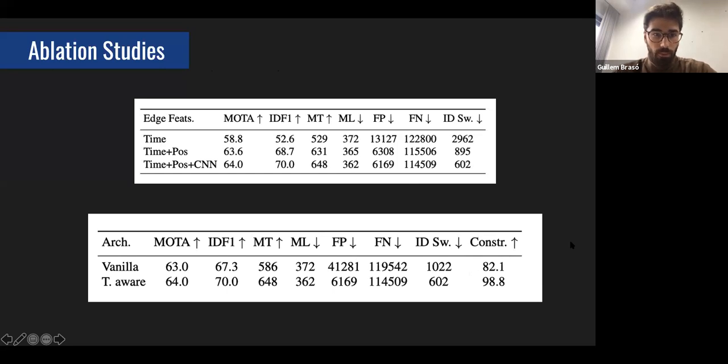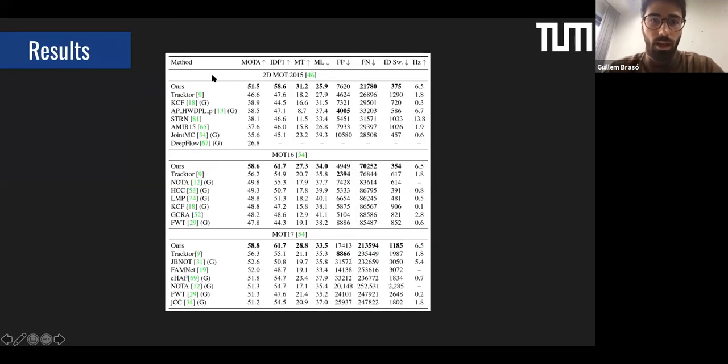Okay. Now coming to an end, just some benchmark results. All of this was done on validation results. Now, when we submit to the test server of the MOT challenge, which is the main data set for object tracking, we submit to 3 data sets, the MOT15, MOT16, MOT17.